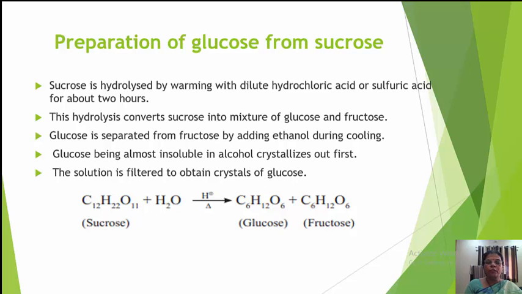The molecular formula of glucose is C6H12O6 and that of fructose is C6H12O6. Now these glucose and fructose are isomers of each other. They have the same molecular formula, but the functional group present in glucose is aldehyde and the functional group present in fructose is ketone.